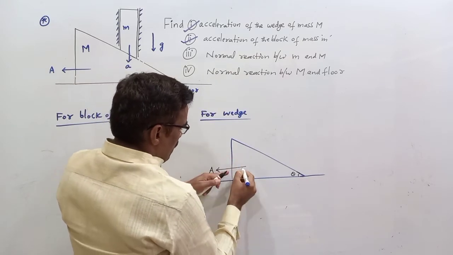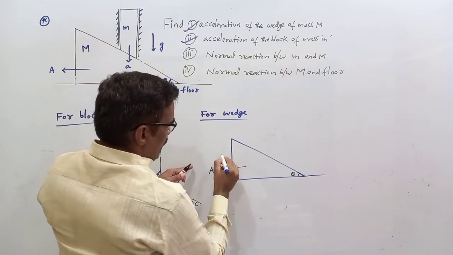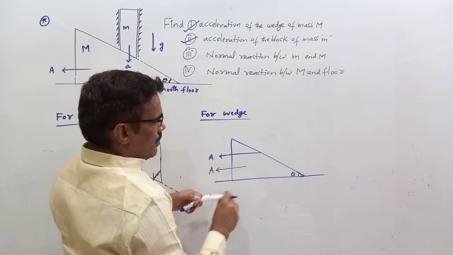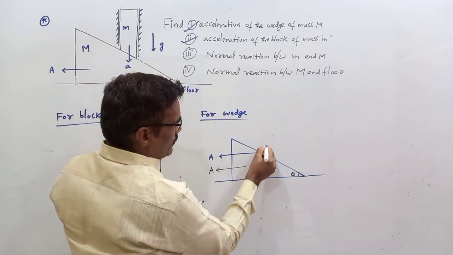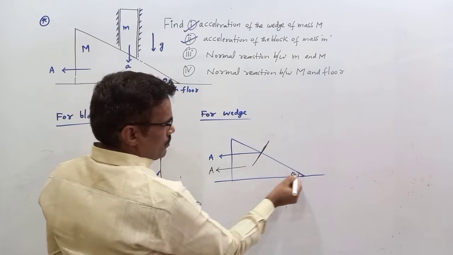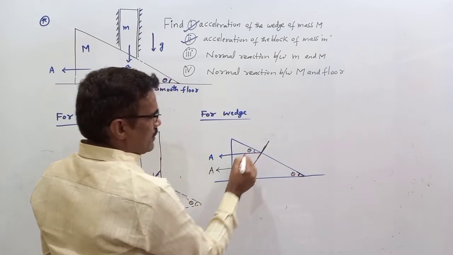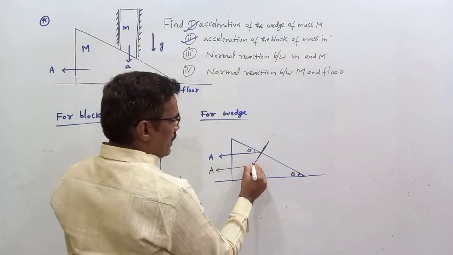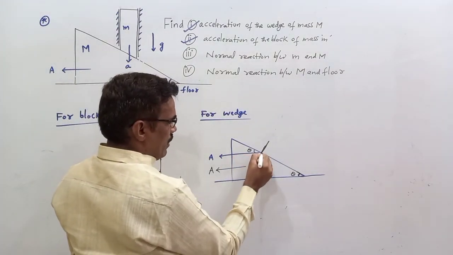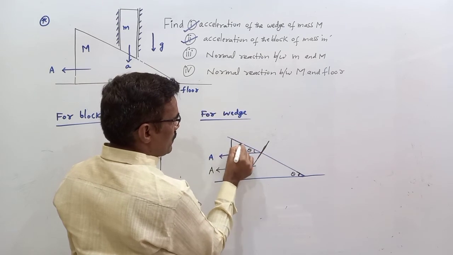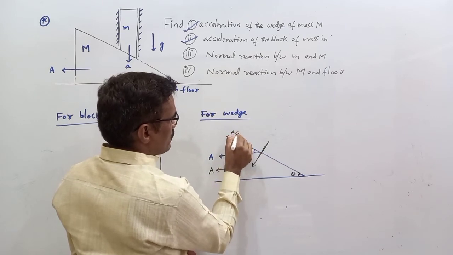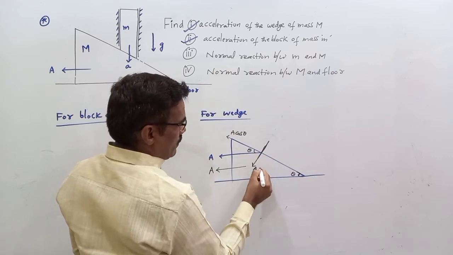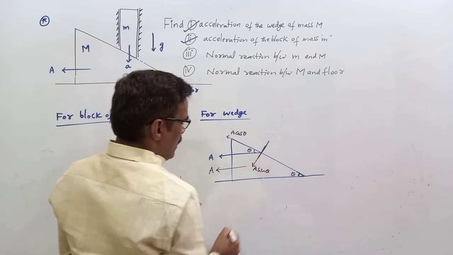Here the perpendicular direction makes theta, so the component of A along this side is A cos theta, and perpendicular to the contact surface is A sin theta.